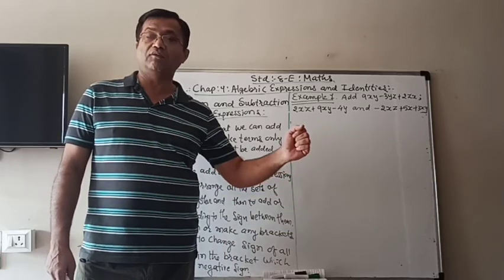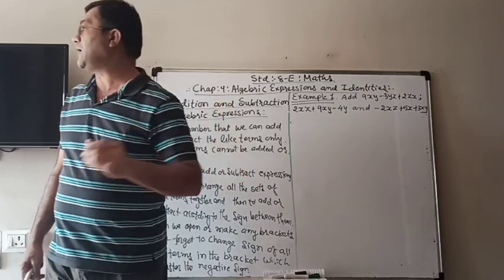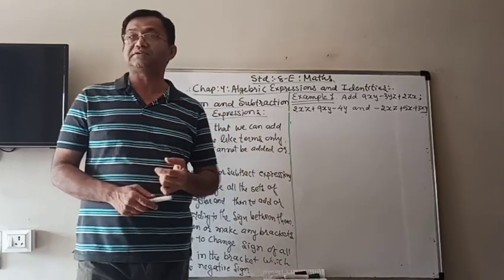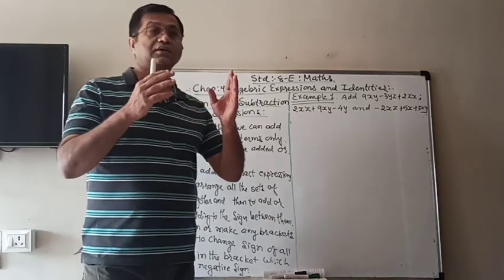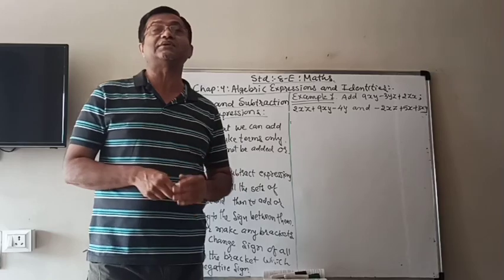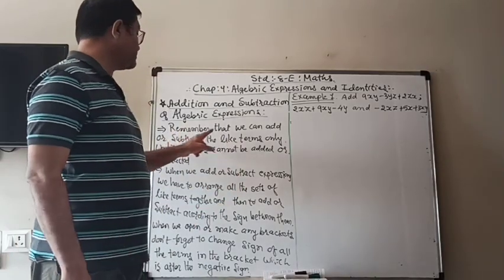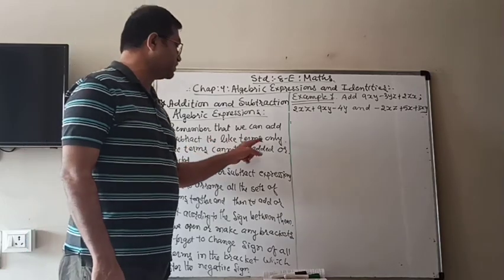As we know, when I explained the like terms and unlike terms, we can have addition or subtraction with like terms only. So remember that we can add or subtract the like terms only.